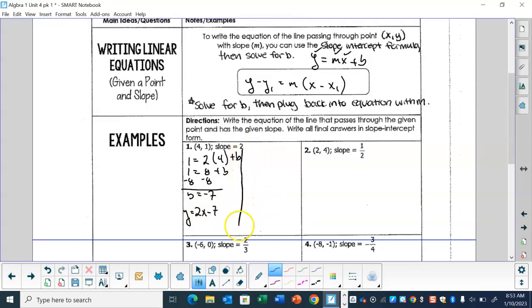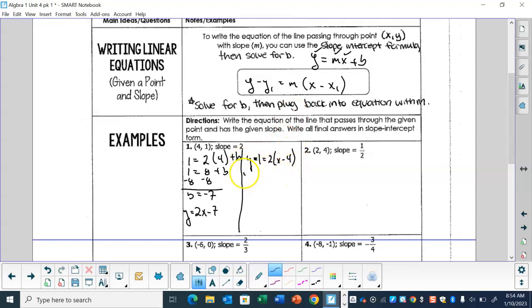Or we can use the other way. This is the slope formula, m is equal to the change in y over change in x, the same thing except we multiply the denominator over. That's the quick way to remember the formula. So y minus y1, which is 1, is equal to my slope of 2 times x minus 4.